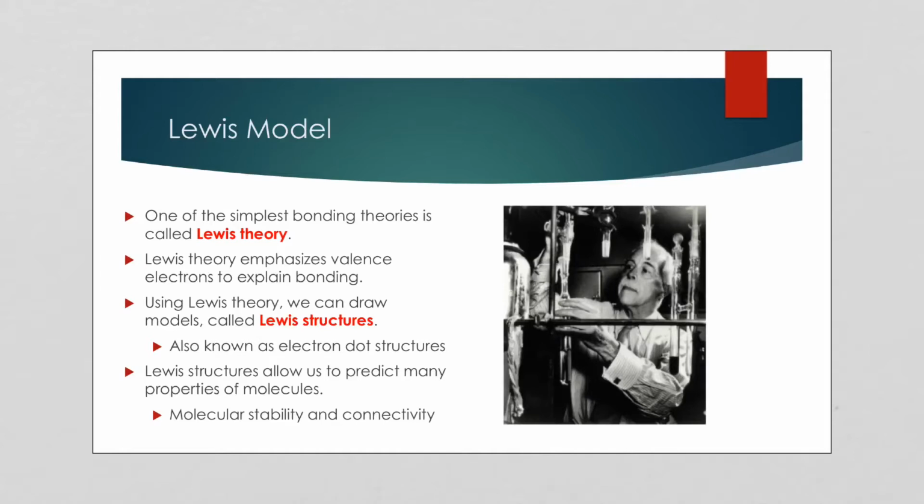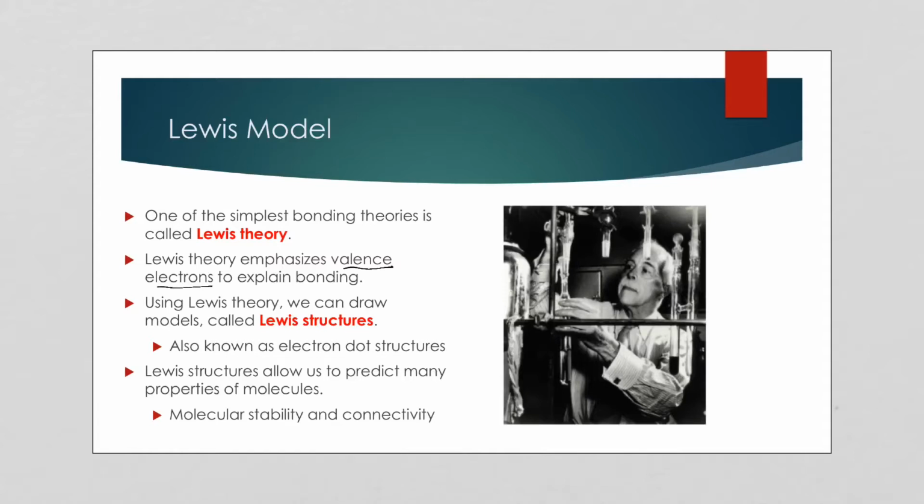But what is this model premised on? Well, as we'll see, this model is all based around the valence electrons. Now, why the valence electrons? Well, remember, we've had some talk before about why the electrons and the valence electrons specifically are important. And that is, remember, these are those outer electrons, the electrons that are exposed within an atom.